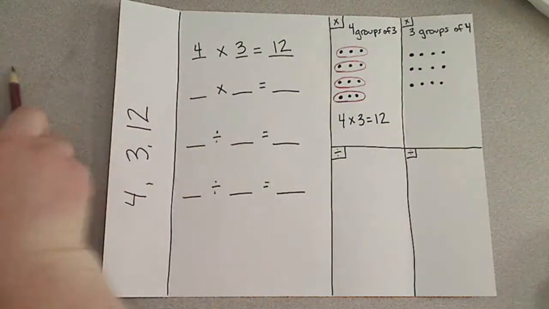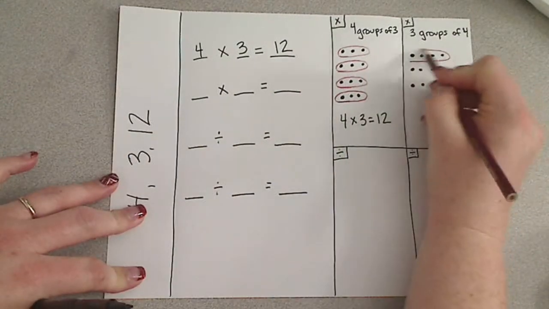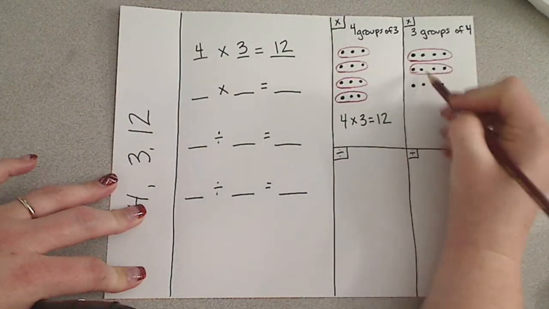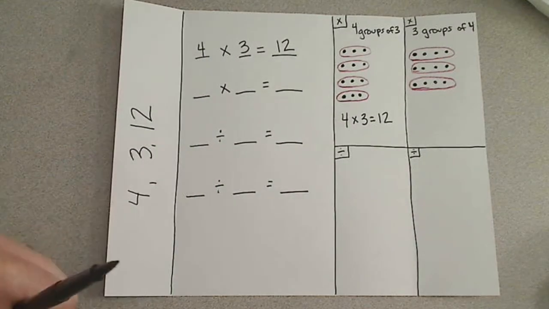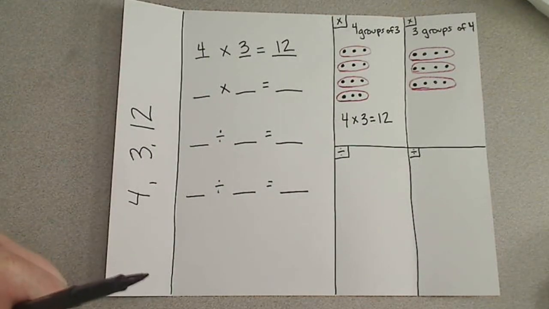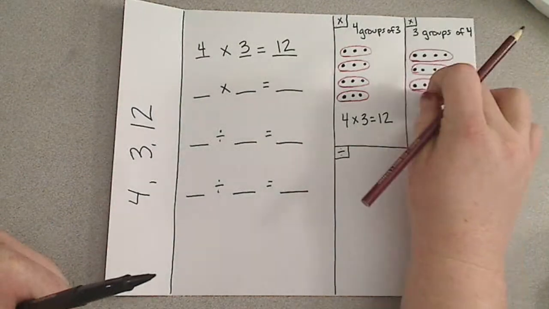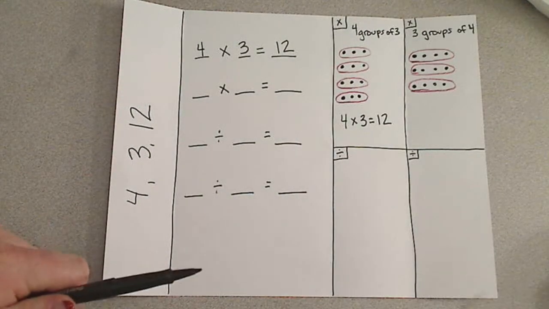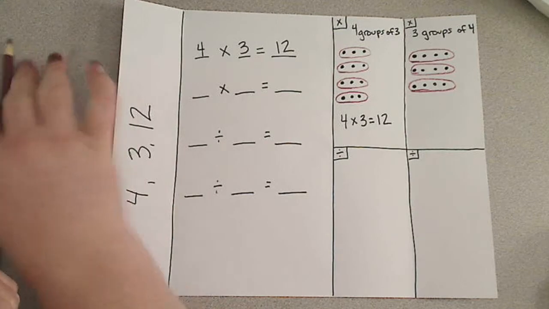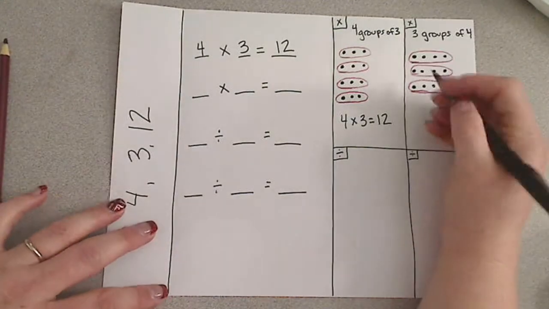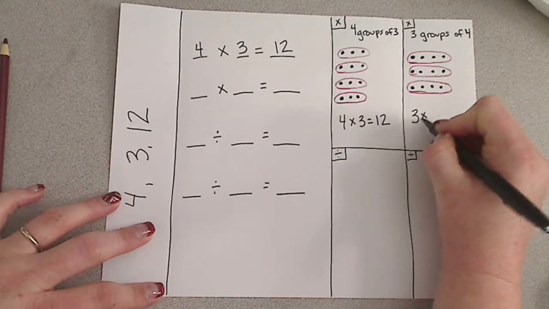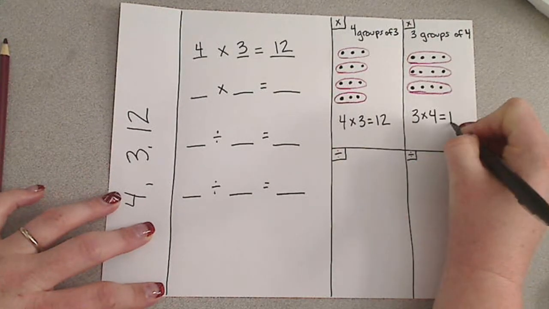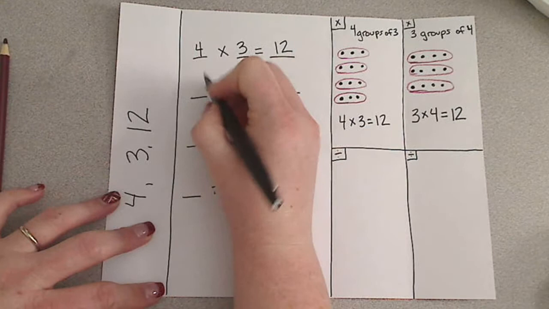And again, lots of students need that connection of drawing the groups because they're not quite to that abstract point where they can see it without physically drawing it. So feel free to have your students physically draw this. There is nothing wrong with it. I am a full proponent of that. So now they need to understand that I have 3 groups times 4 in each group, which also equals 12. And they're going to fill it in.